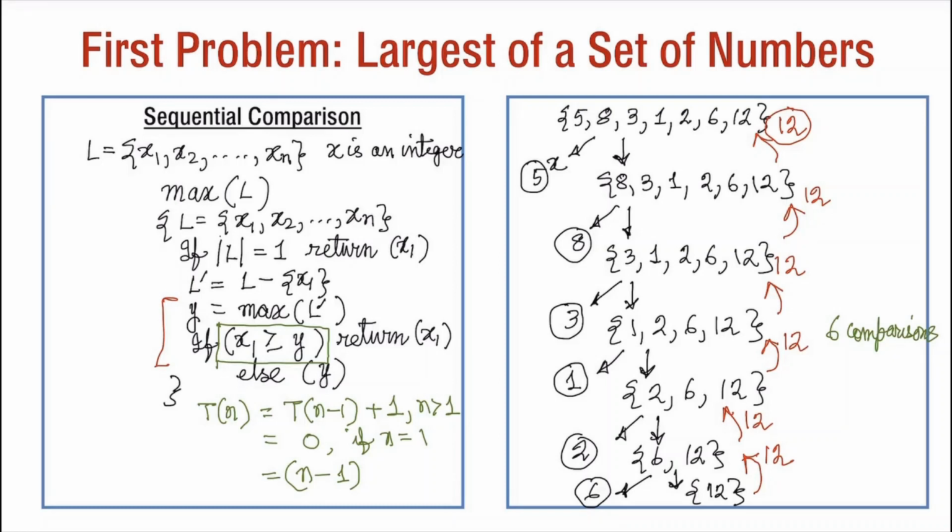So we had split this by removing x1 from L, but we could do this separation of L into 2 parts in many ways. So based on the number of ways in which we can do that, we are going to now write a more general recursive definition, which will start giving us an idea of how we want to really develop our algorithm design paradigm.